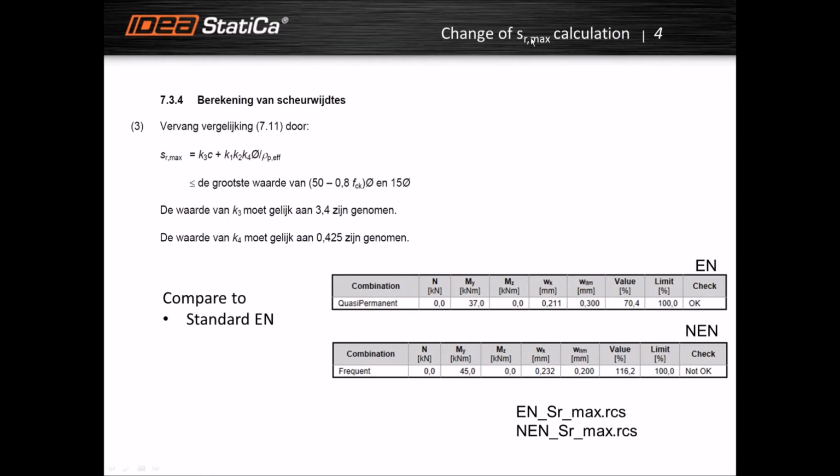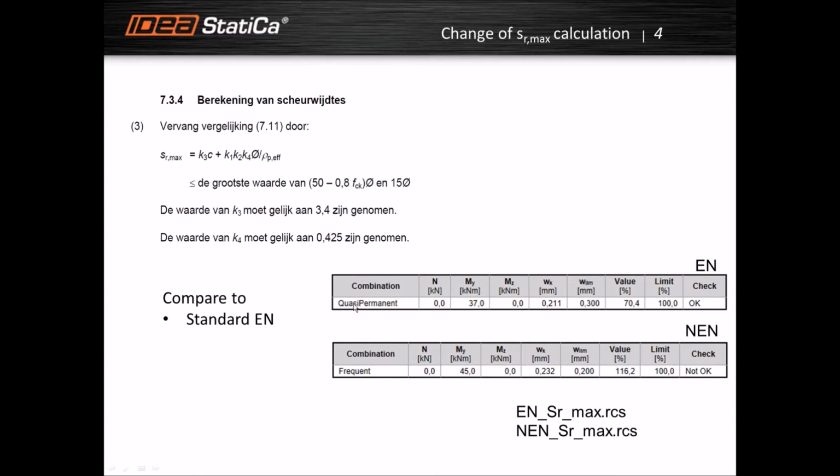We start with SR max, which is the maximum distance of the cracks, and as you can see here, there is a different condition for SR max in Dutch Annex. I prepared two examples according to Eurocode and NAN Annex, and you can see the results here.